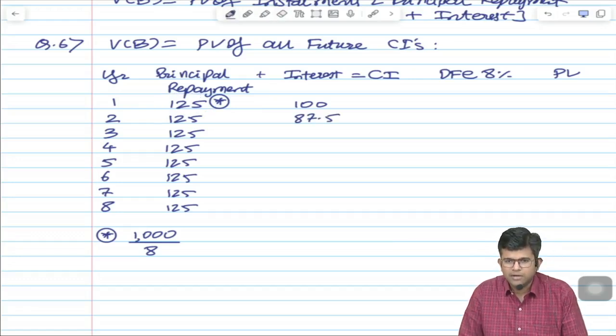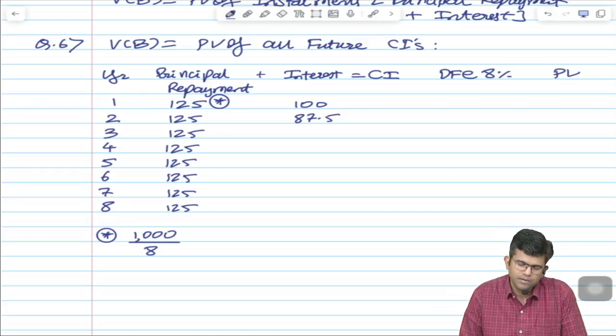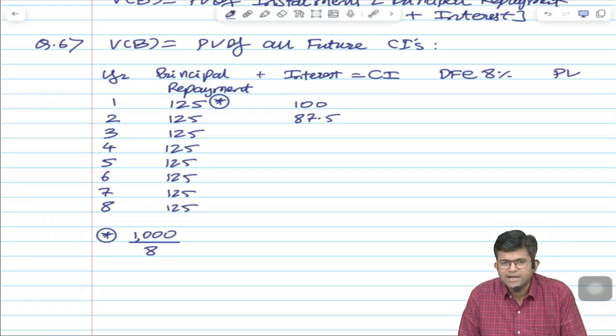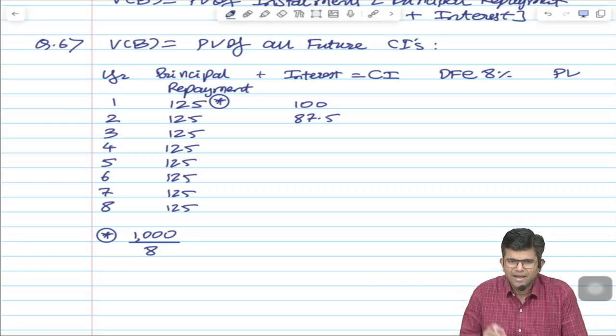Now I'll give you a shortcut. If the principal is reducing every year by 125 and the interest rate is 10%, interest will reduce by 12.5. Every year principal is reducing by 125.